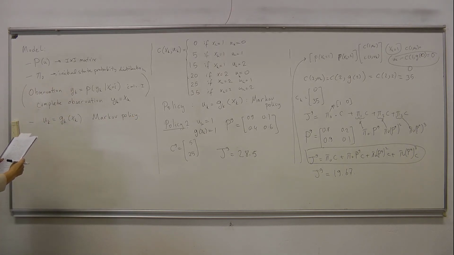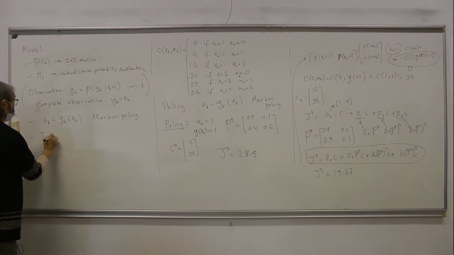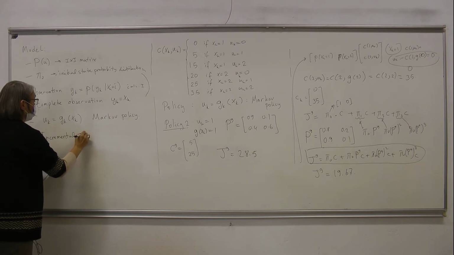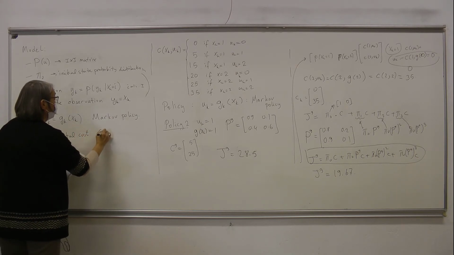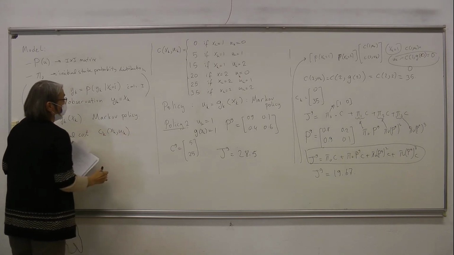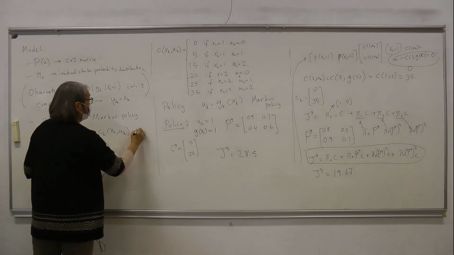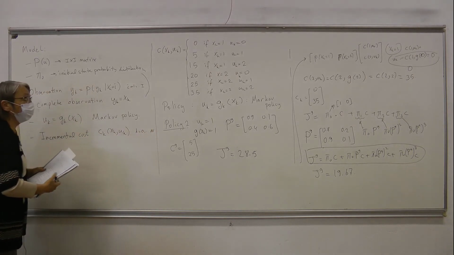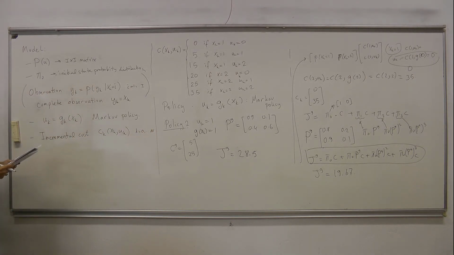And we have the incremental cost as c sub k of xk and uk for the time horizon k starting from 0 up to n, where xk is one of those I states, and uk belongs to some set.